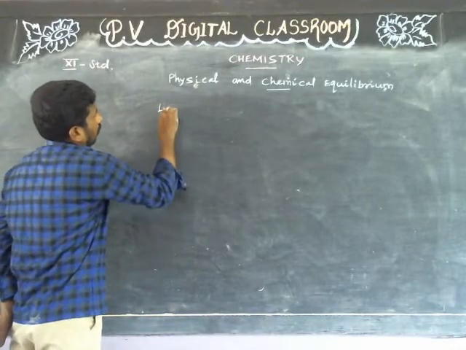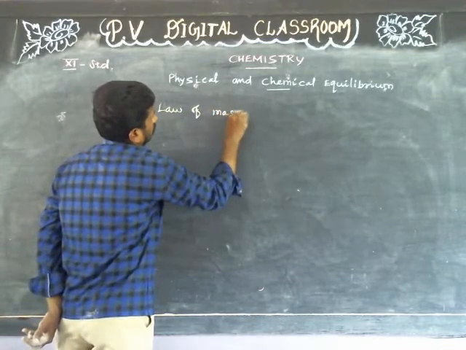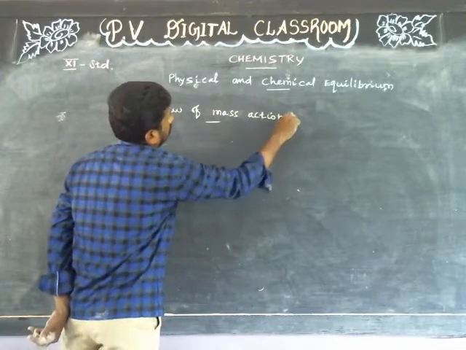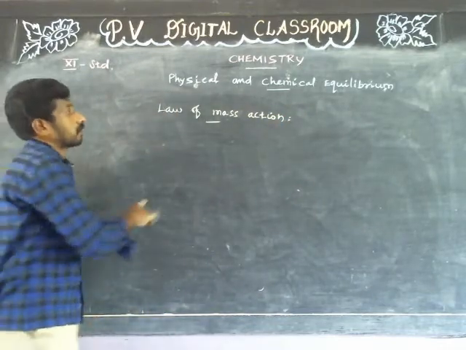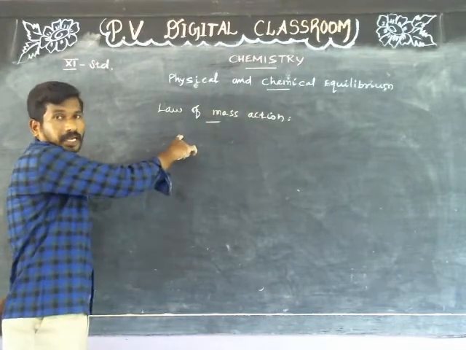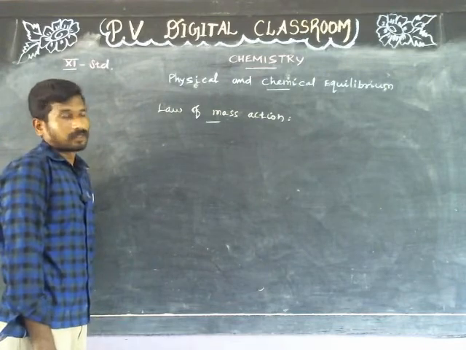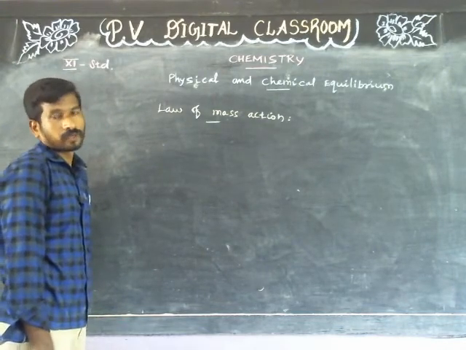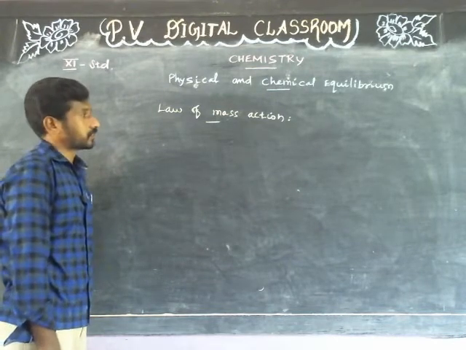Then the law of mass action. At any instant, the rate of a given reaction at a given temperature is directly proportional to the product of active masses of the reactants.